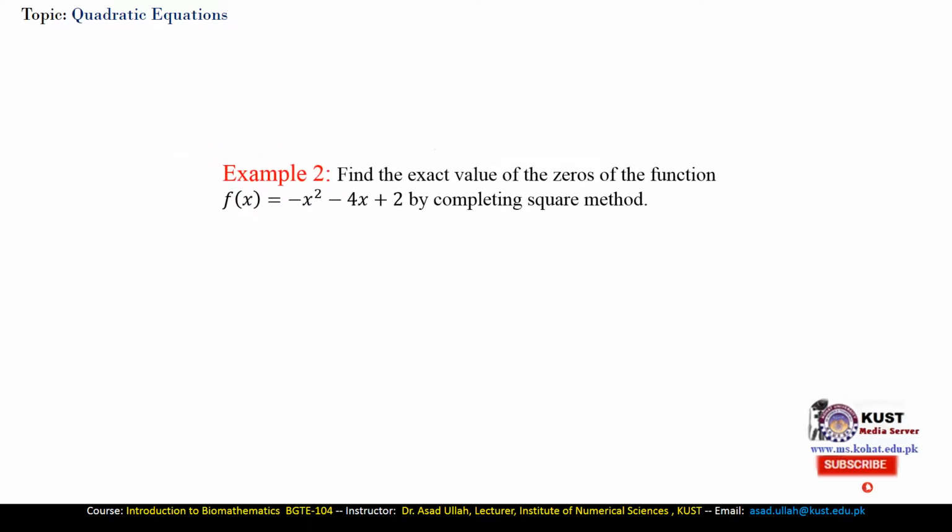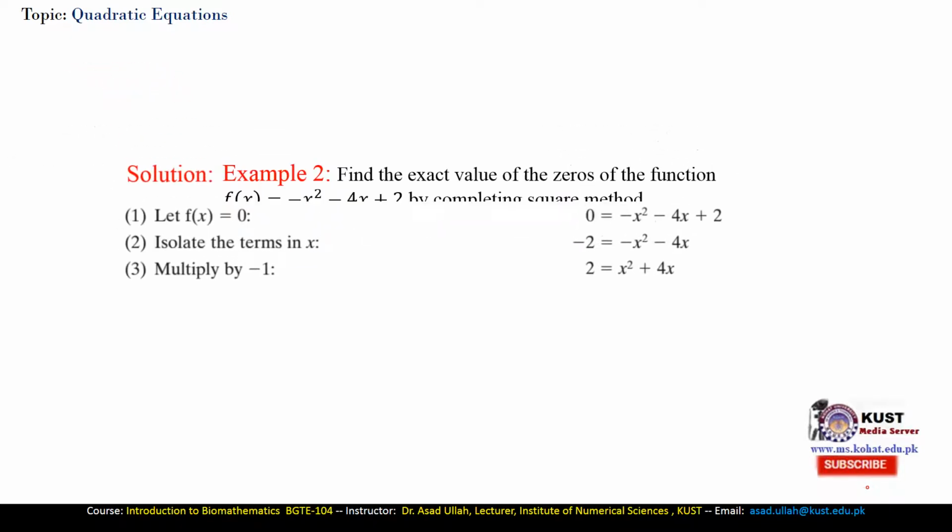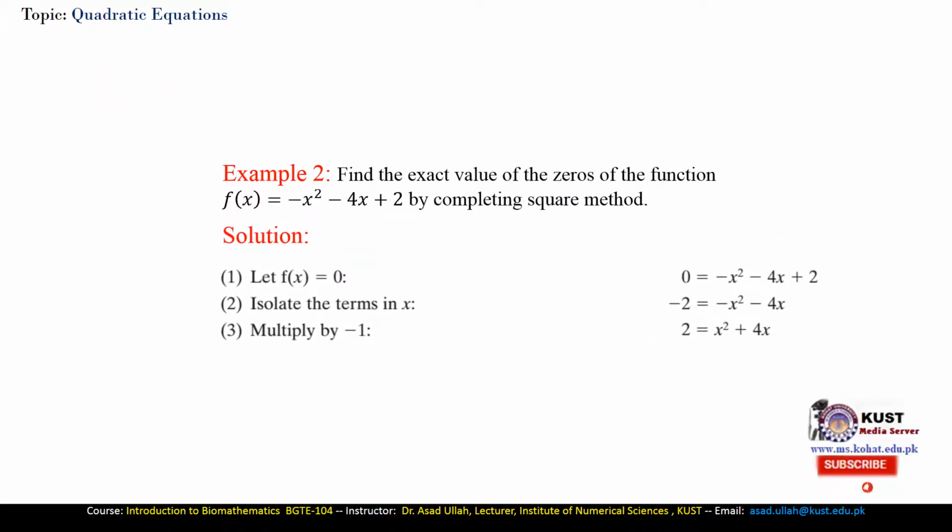Here is another example. We have chosen the quadratic function, that is, minus x square minus 4x plus 2. Solving the quadratic equation and finding the roots of the quadratic function is the same thing. So here in the solution, first we take f of x is equal to 0.